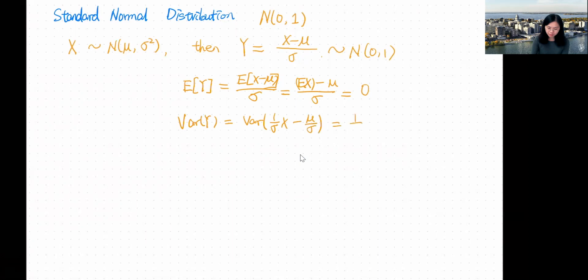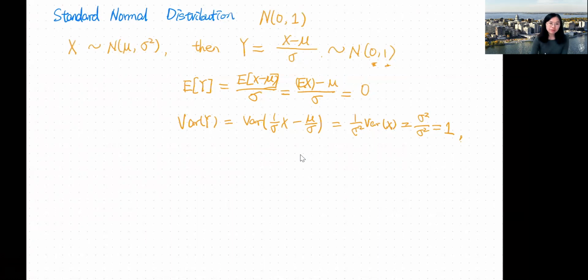And that is 1 over sigma squared variance of x, which is sigma squared over sigma squared, which is 1. So therefore, y is a normal random variable with mean 0 and variance 1. So that's standard normal. That's how you can turn a general normal distribution into a standard normal distribution.